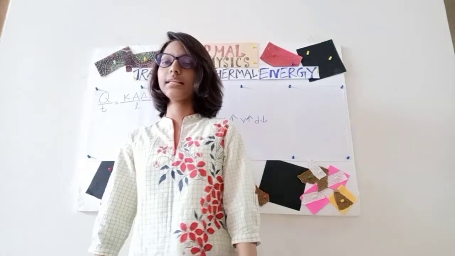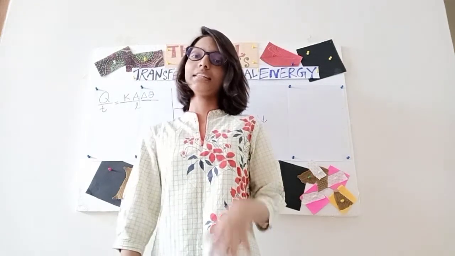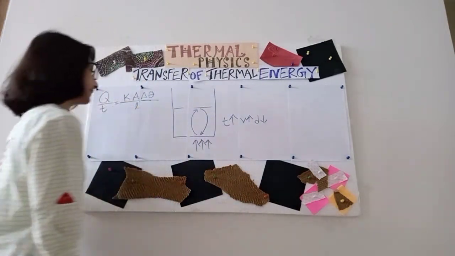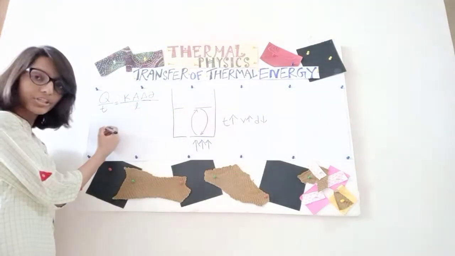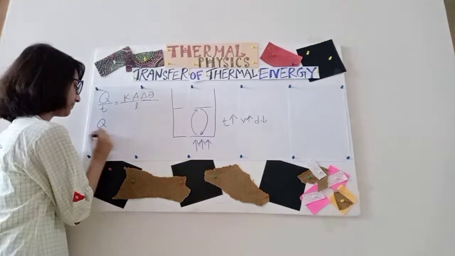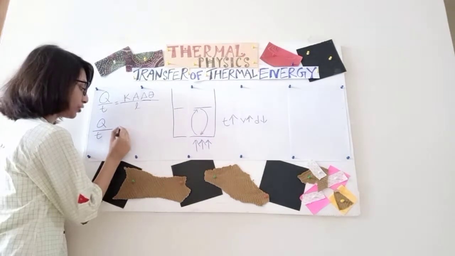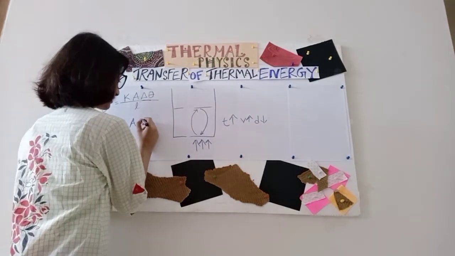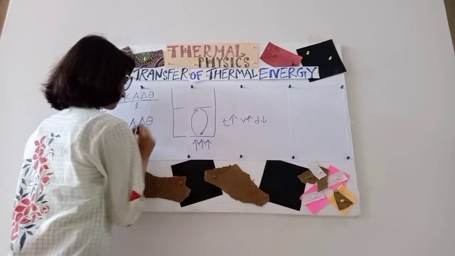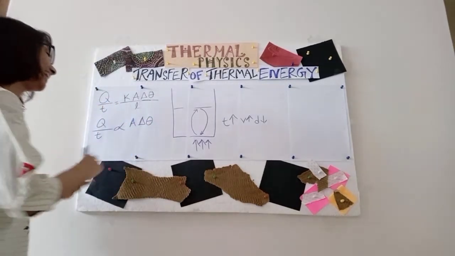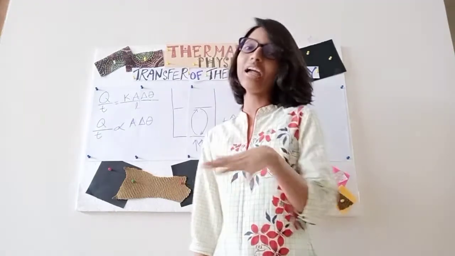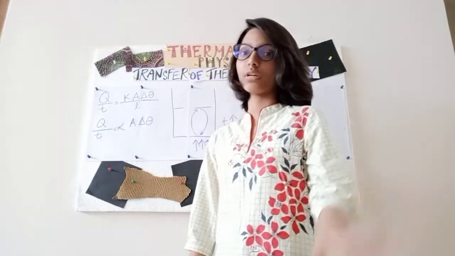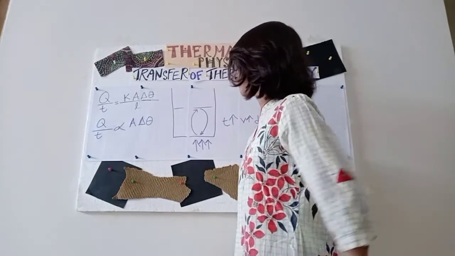Now let's study the factors. In this case, the factor for convection is Q by T is proportional to A and del theta. A is the surface area: the more the surface area, the more the rate of heat transfer in convection.